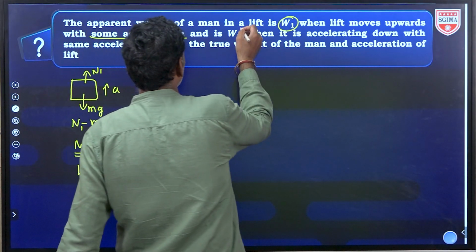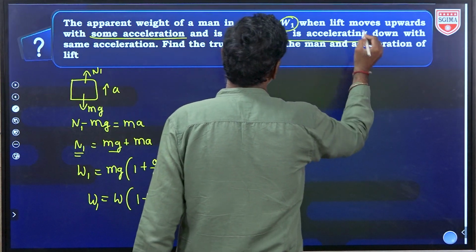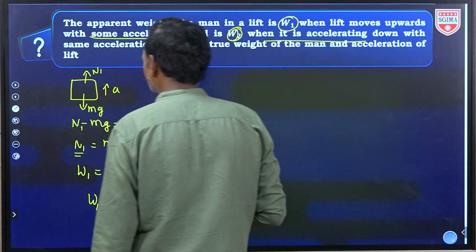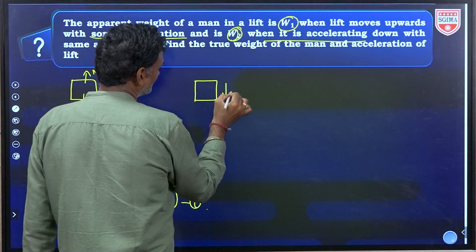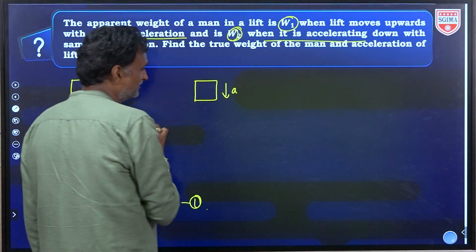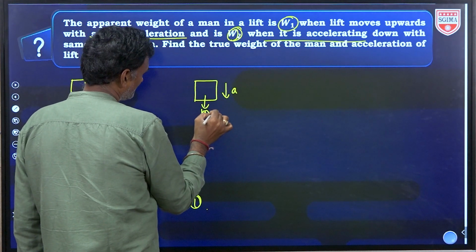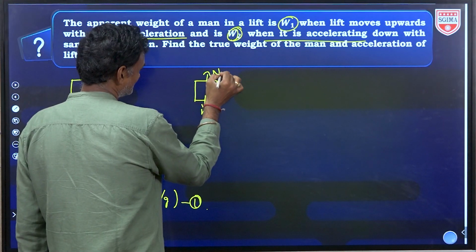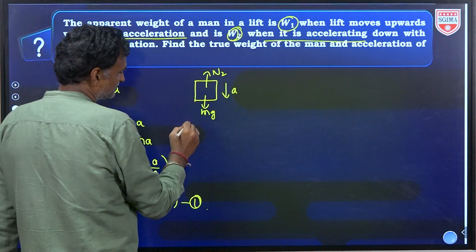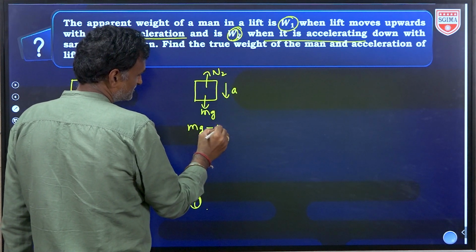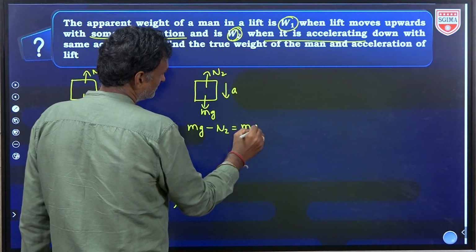Next W2, whenever it is accelerating downward with the same acceleration. So whenever the lift is moving downward with the same acceleration as the initial one, its weight is mg, the person's weight, and the normal reaction changes. So I am taking it as n2. So downward, we will write mg minus n2 equals ma.